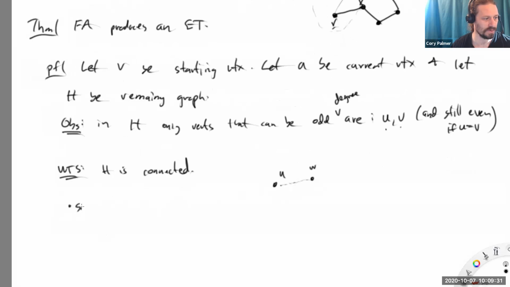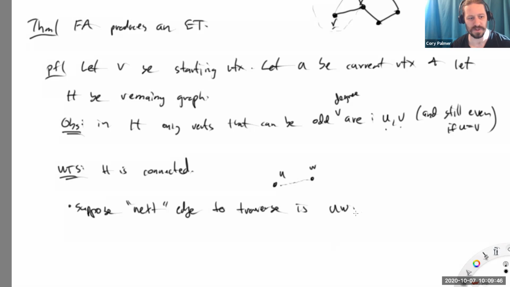Suppose the next edge to traverse is UW. So what happens, I traverse UW and I remove it.